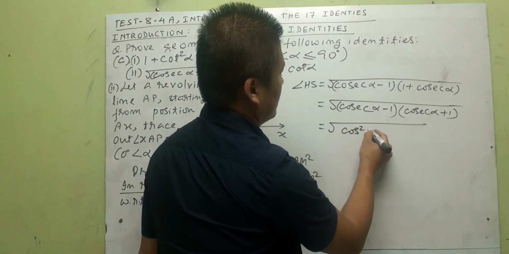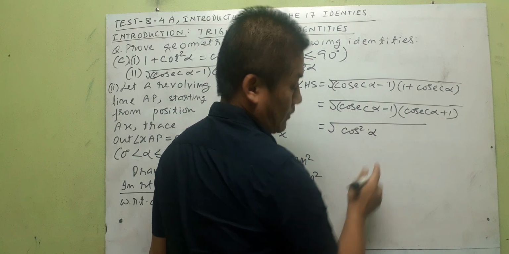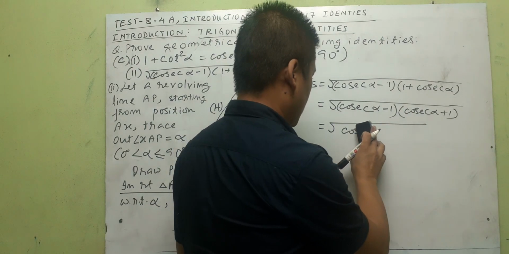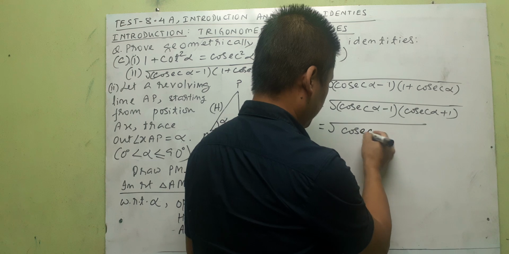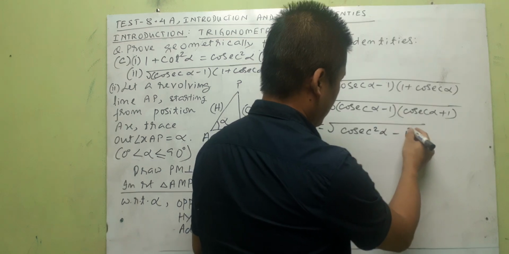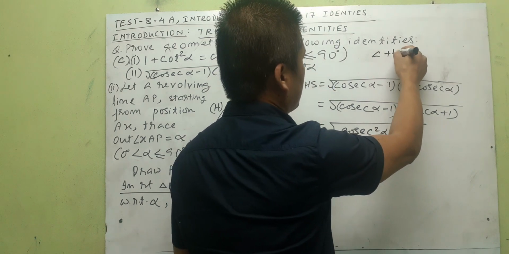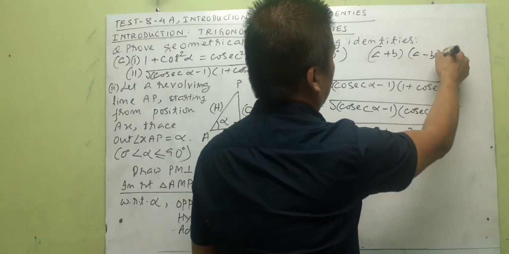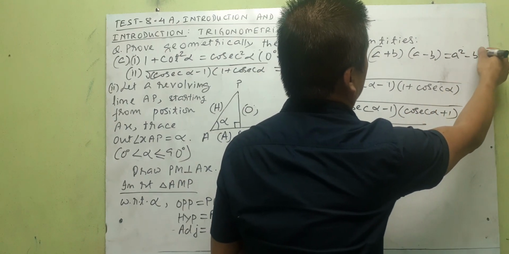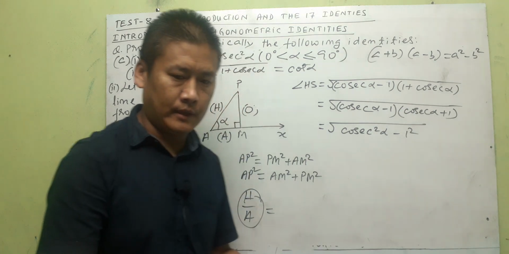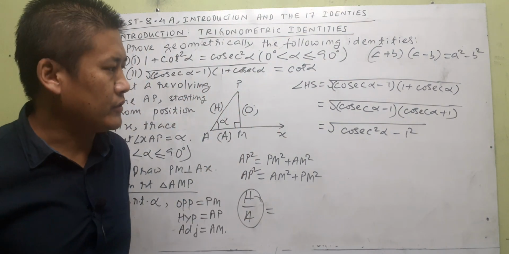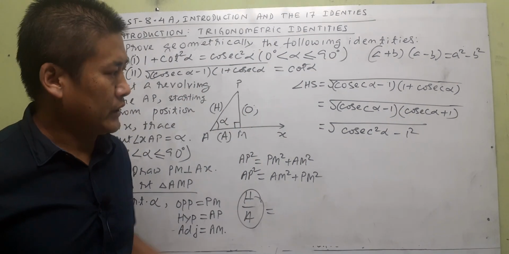A squared means cosec squared alpha minus 1 squared. We know that A plus B into A minus B equals A squared minus B squared, a very famous identity. This is not related to trigonometry directly, so we can use it.